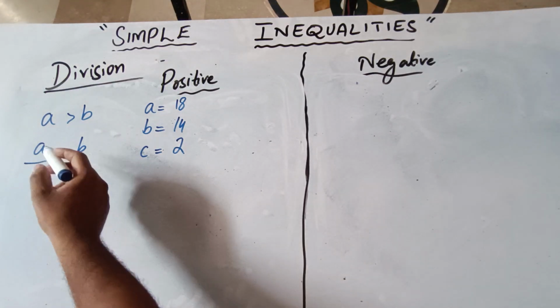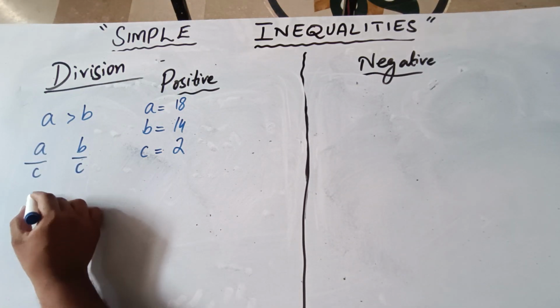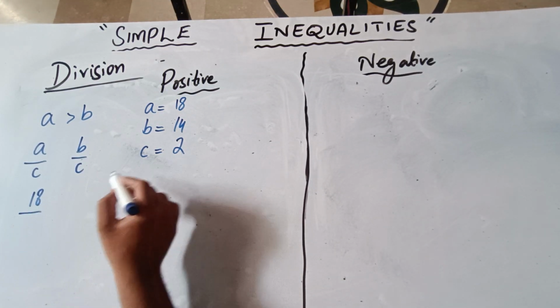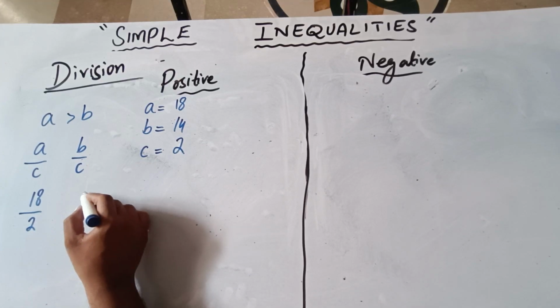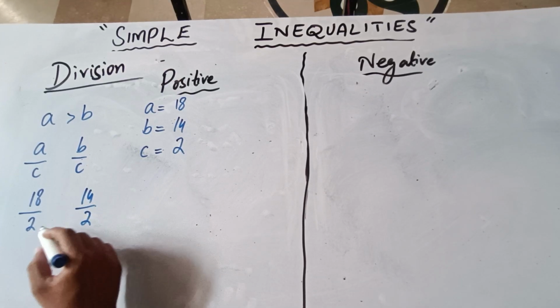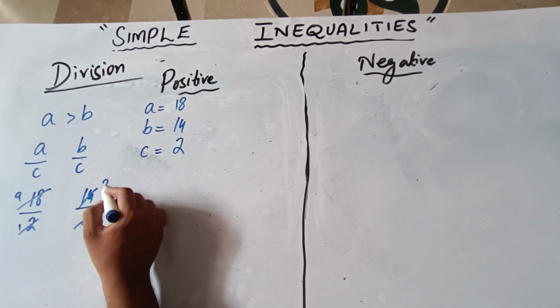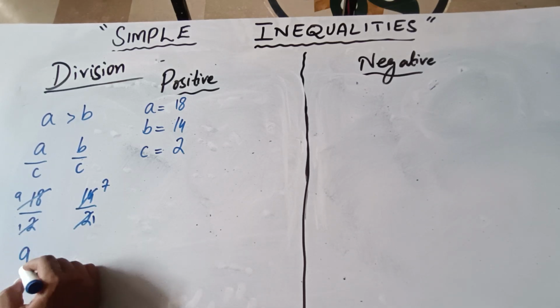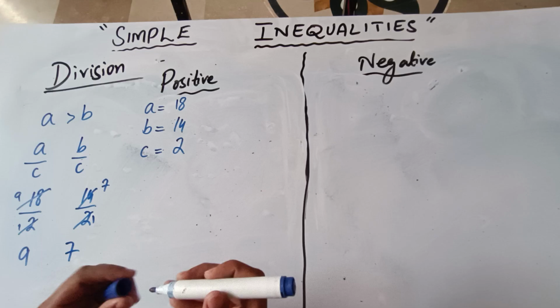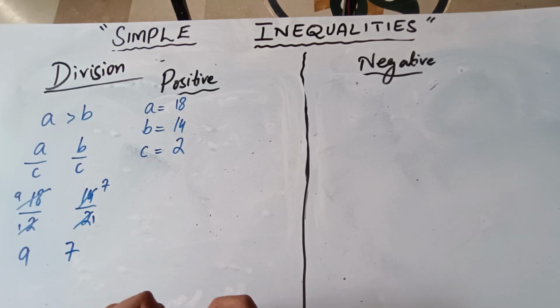What will happen with the inequality? We will decide. 18 divided by 2, 14 divided by 2. 2 ones are 2, 2 nines are 18, 2 ones are 2, 2 sevens are 14. So 9 and 7. What is the relation between 9 and 7? 9 is greater than 7.